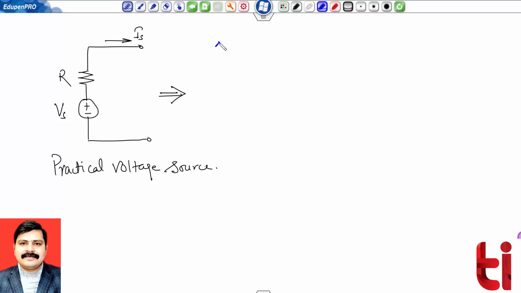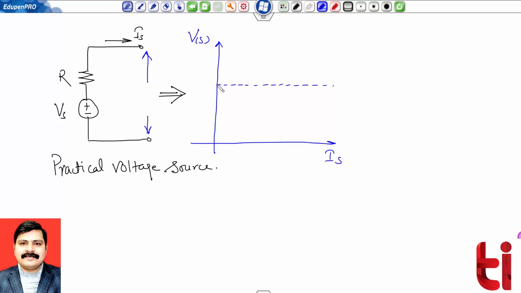One can draw the current and voltage relationship. If this is my Is and this is my Vs, earlier the reference voltage was this fixed voltage, but over here the effective voltage is less than this because this is my voltage VL.